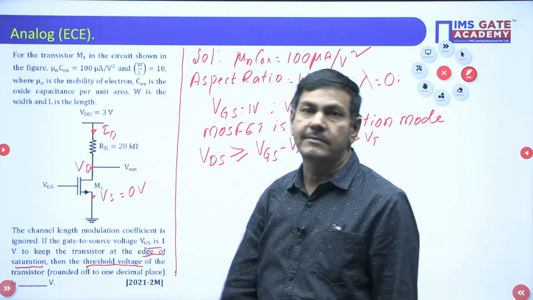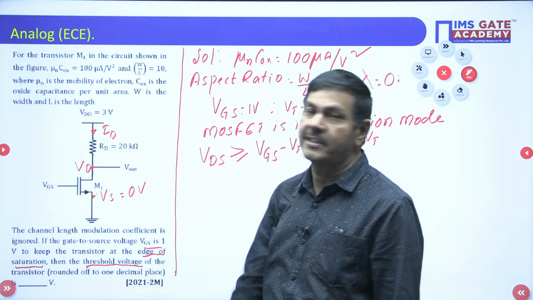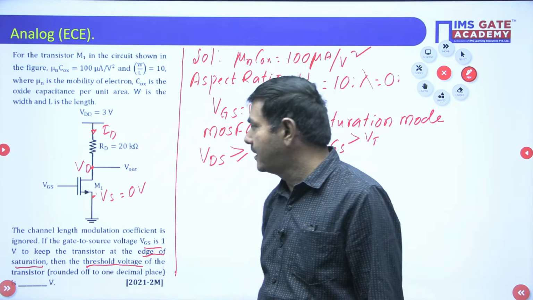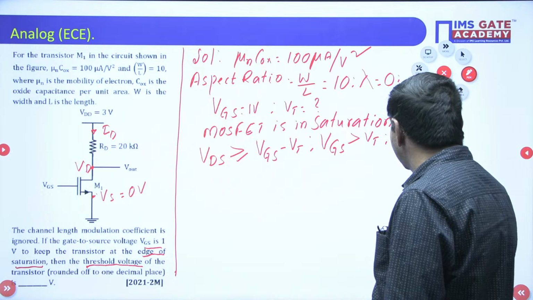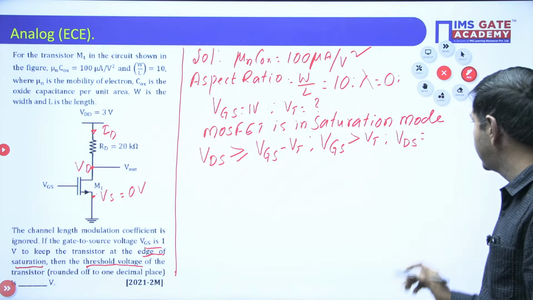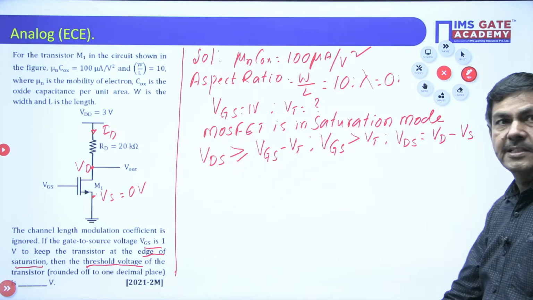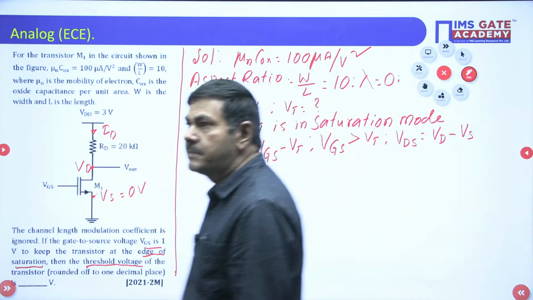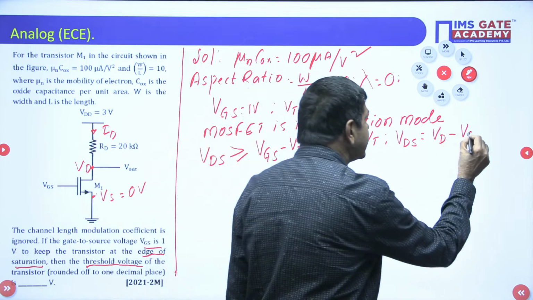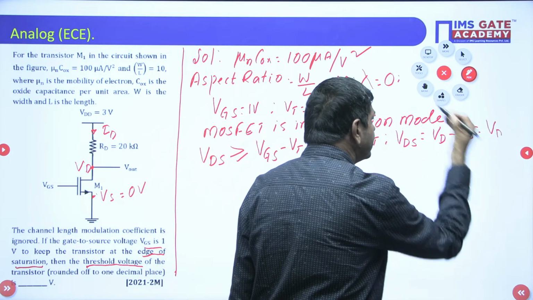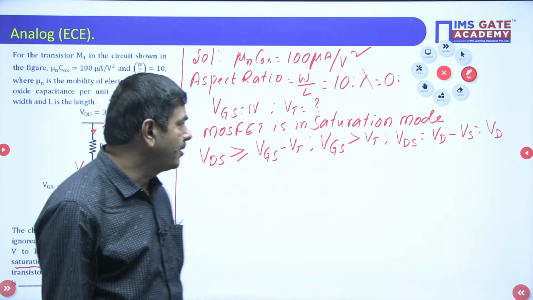Now VDS is nothing but VD minus VS. Since VS equals 0, VDS equals VD only. Catching my point now.